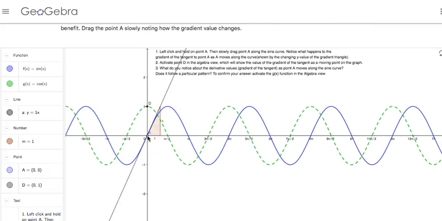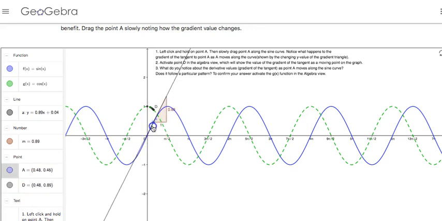For sin x, when x is 0, the gradient's 1, and you can see it from rise over run. If you look down here at this grey bit, that is the 0.01 on the curve. Up here, if I drag the point, for example, the gradient is, I'll just wait till I can see the numbers, 0.8. The gradient's 0.8 because the rise is 0.8 and the run is 1.